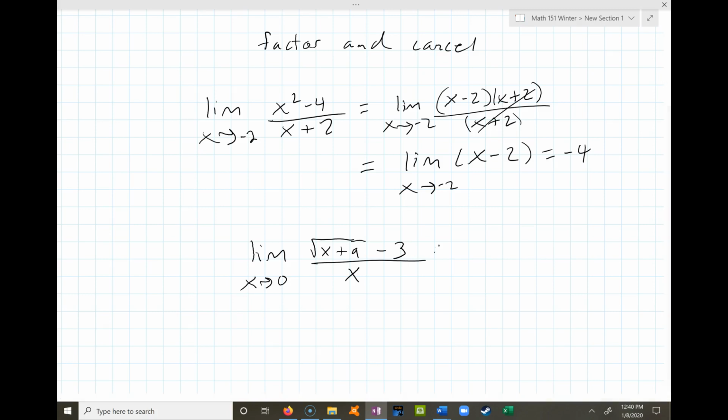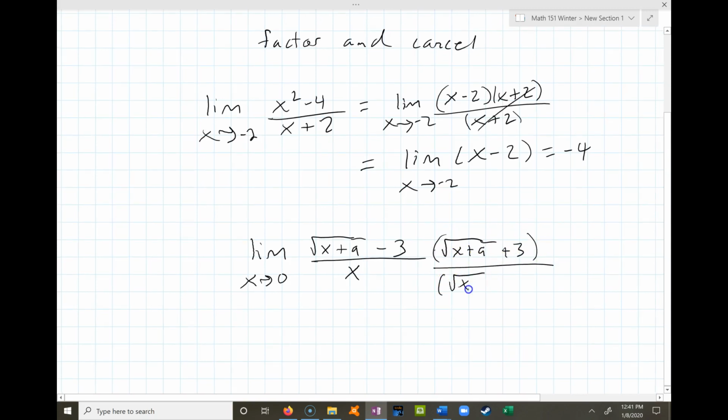So what rationalizing the numerator means is I'm going to multiply the top and bottom of this fraction by the conjugate pair of the top. So in other words, I'm going to write this as the square root of x plus 9 plus 3. So I'm multiplying top and bottom by the square root of x plus 9 plus 3.